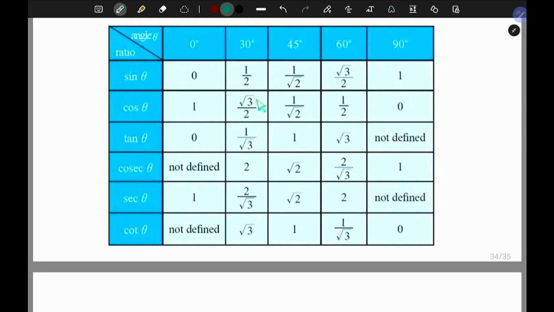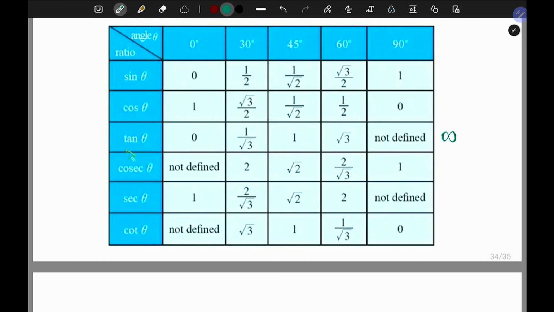You just take that 1 and root 3. You've got it. You got 1 by 1 is 1. Root 3 by 1, you just divide the numerators. Root 3 by 1, root 3 by 1 is 1. 1 by 0 is not defined. So 0 by 1 is 0, 1 by 0 is not defined. Not defined or infinity. Whatever you want to consider.